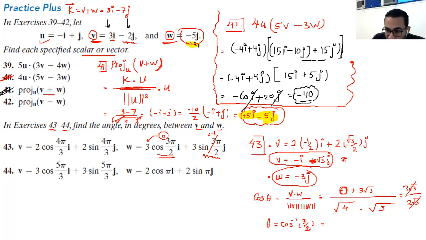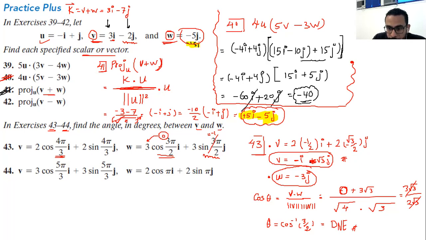So what do we do? Let's revise quickly. Cosine 240 is negative half, and sine 240 is negative radical 3 over 2.